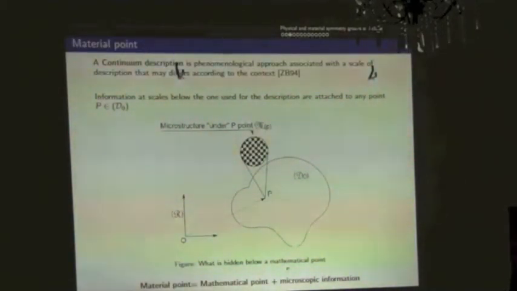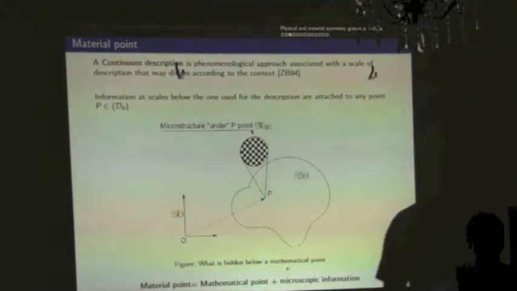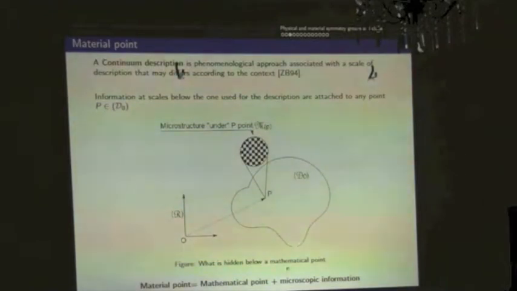The thing which is very different between a pure mathematical approach and the setting of continuum mechanics is the notion of a point. In math, a point is just a point in your Euclidean space with no more information. Here, when we make a model, we choose a characteristic size for our modeling.